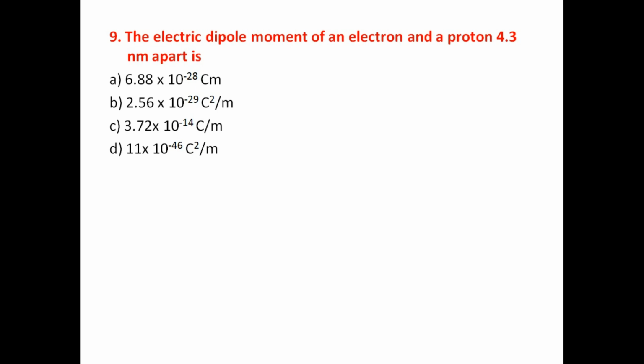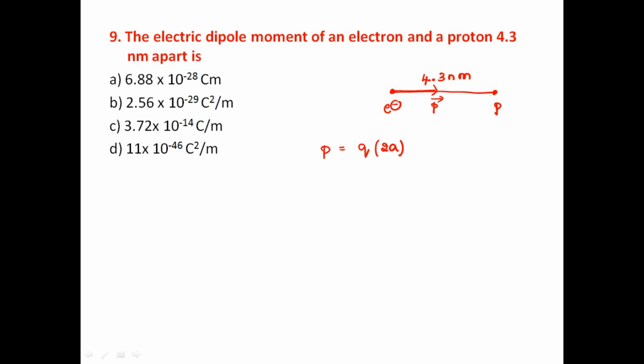The electric dipole moment of an electron and a proton 4.3 nanometer apart is. There is an electron and a proton. They are separated with the distance of 4.3 nanometer. What we have to find here is the electric dipole moment, and here is the direction of dipole moment P. So dipole moment P is the product of magnitude of either charge and the distance of separation between them, right?